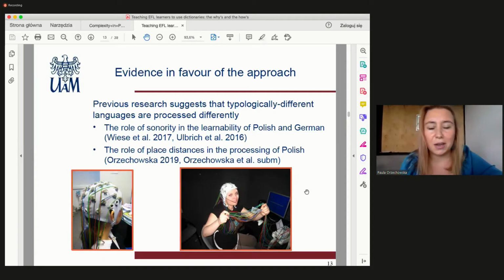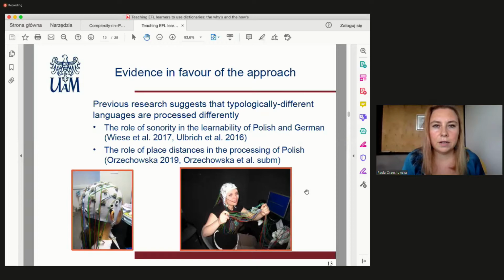Yes, it's possible, but yet it's surprising, and it makes us think what other factors come into play. So what we found, for example, in Polish, a language which has never been really associated with any specific place constraints, is that place of articulation distances, so basically how front or how back the tongue is in articulation, are critical for perception and for processing or for response latencies.